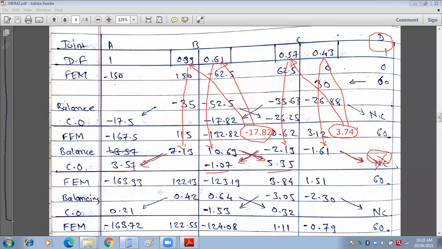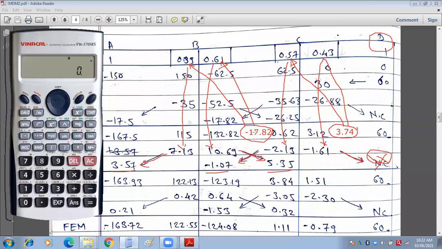Now let us check out the values. Now first let us consider this minus 17.82. Now if it is the minus, the balance moment is plus into 0.39.